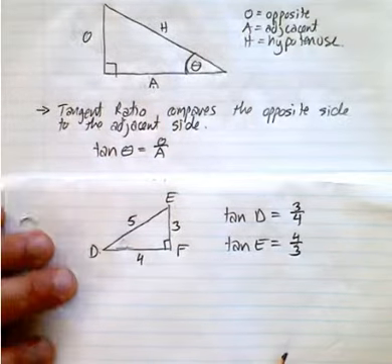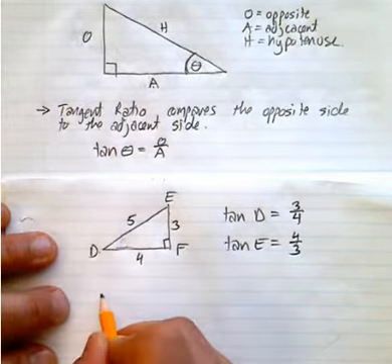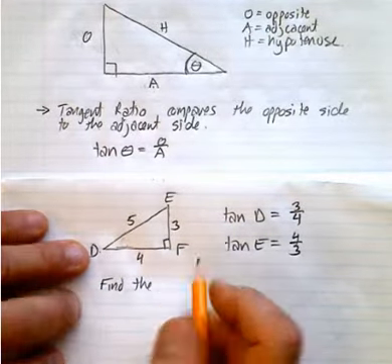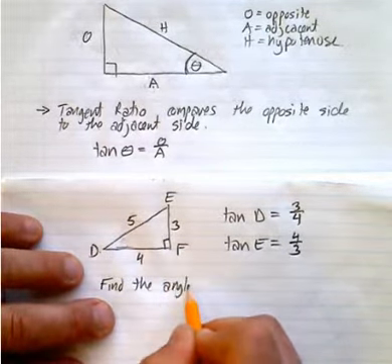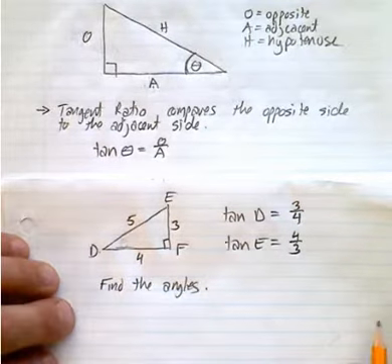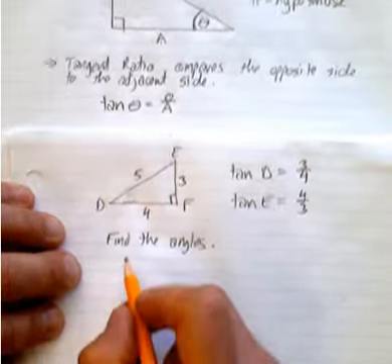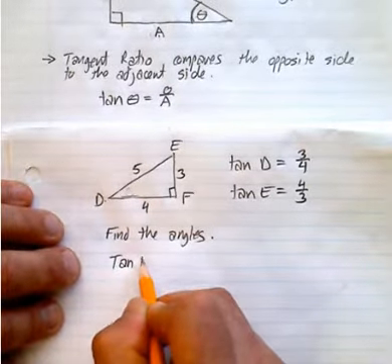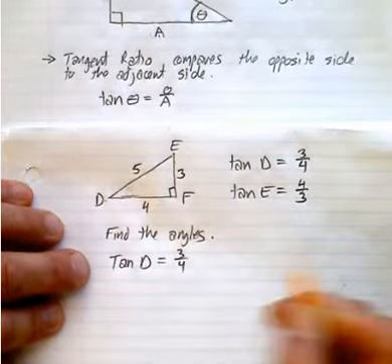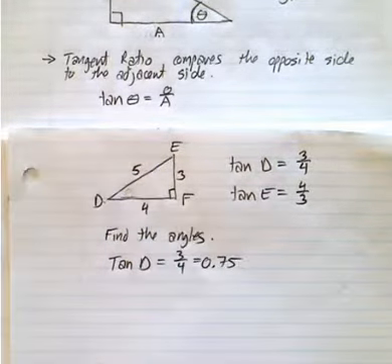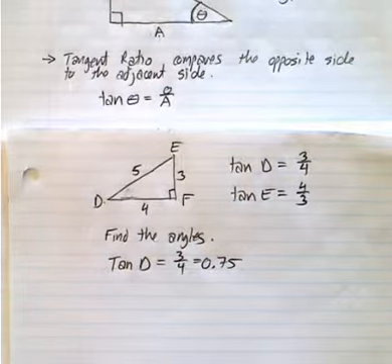Now, what we actually want to do is find the angles. Let's look at D. I know that tan D is equal to 3 over 4. If you did the math here, you'd get 0.75. I'm going to show you something very cool.